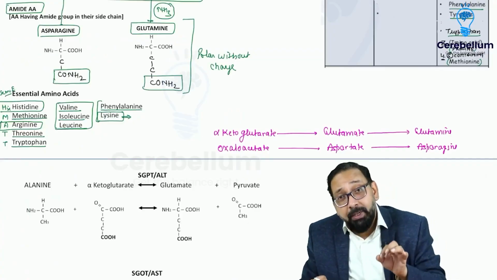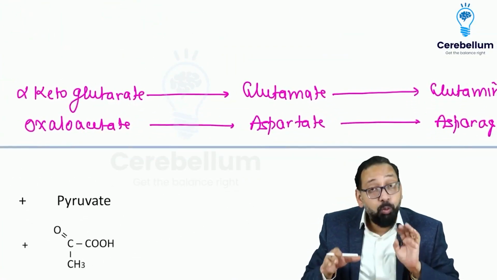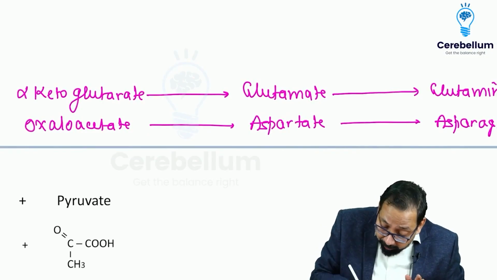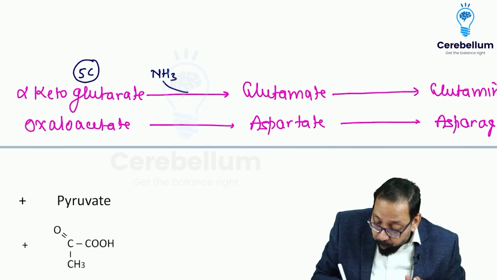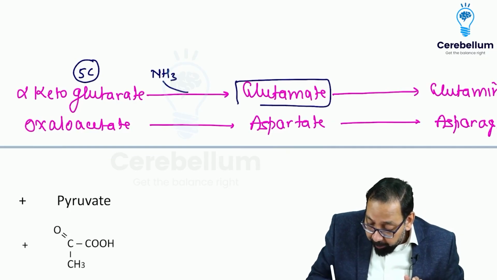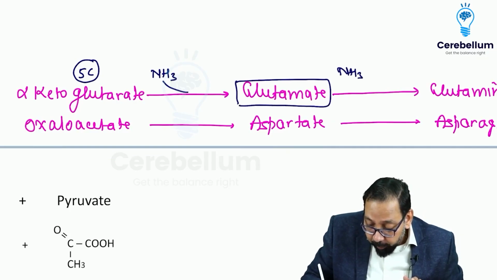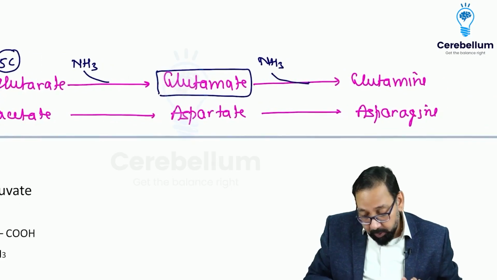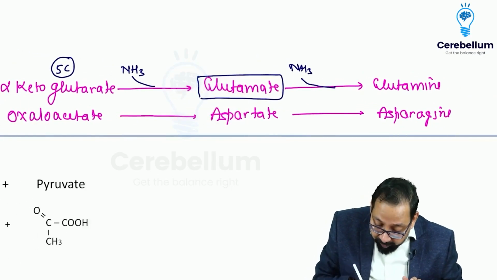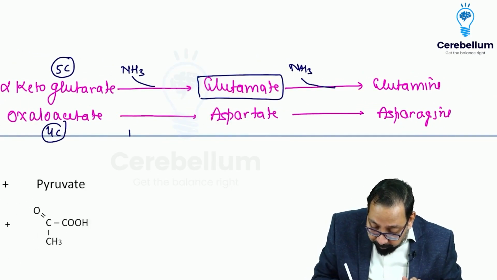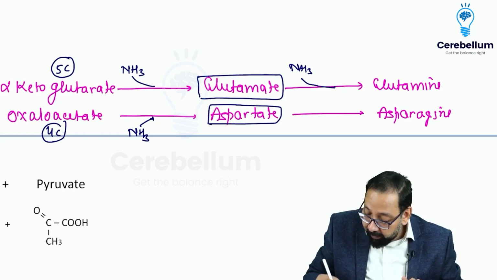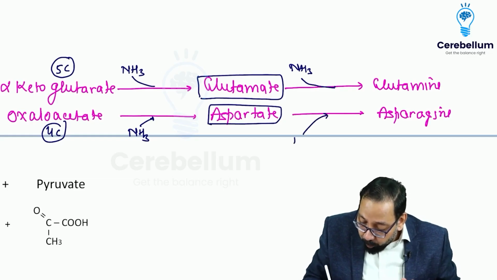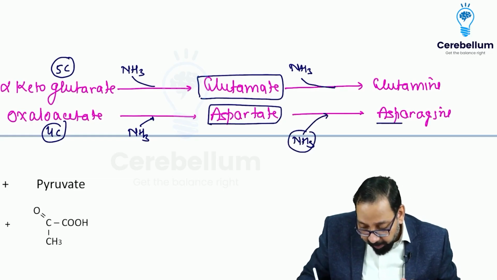So now I can conclude that alpha ketoglutarate, having 5 carbons, joins with ammonia to form glutamate. Glutamate binds with ammonia to form glutamine. In the same way, oxaloacetate, having 4 carbons, joins with ammonia to form aspartate, and aspartate joins with ammonia to form asparagine.